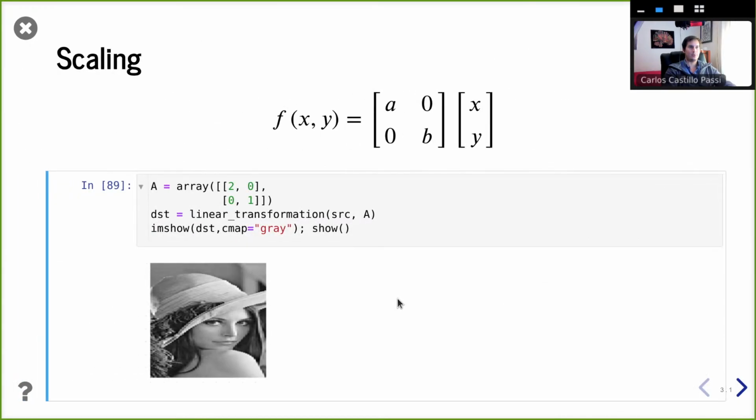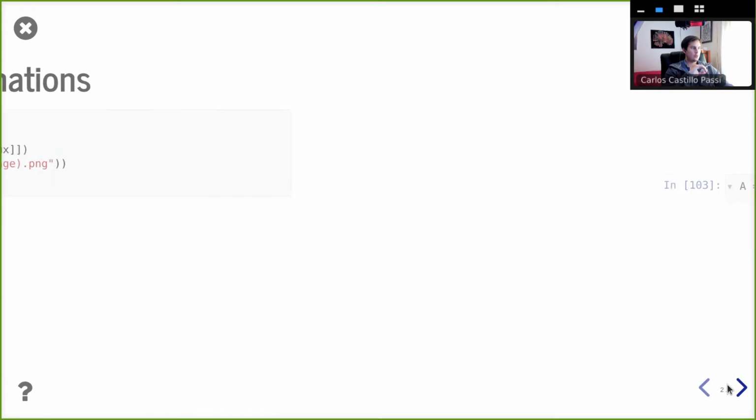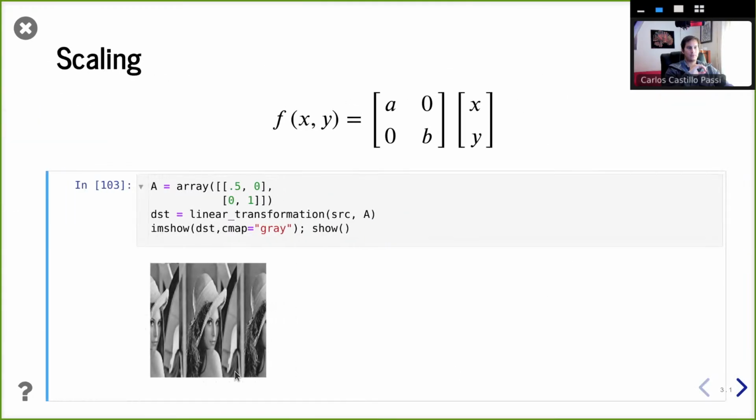Let's start simple with the scaling operation. Could you retrieve the original image from this? Jorge thinks yes.